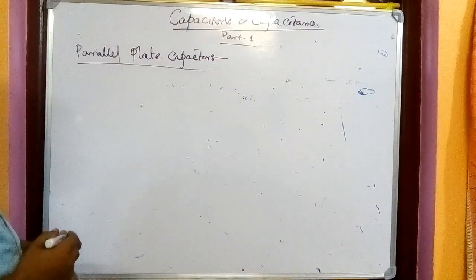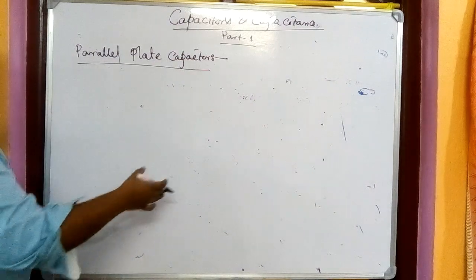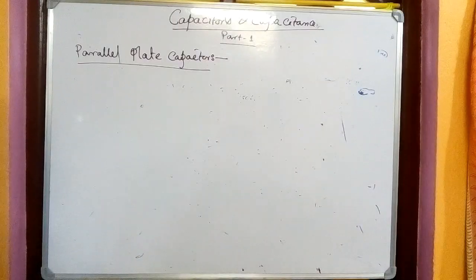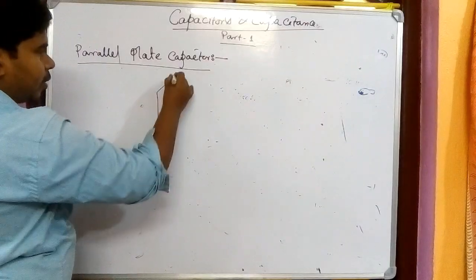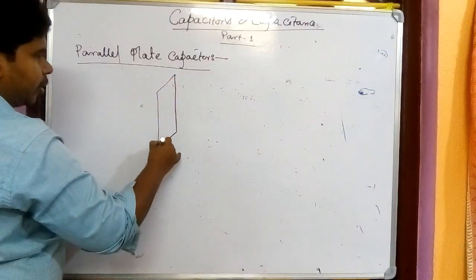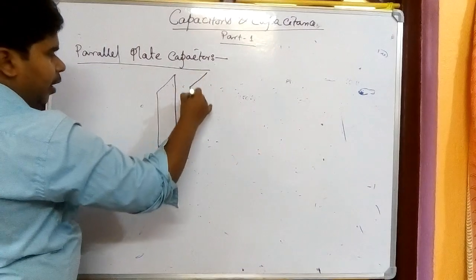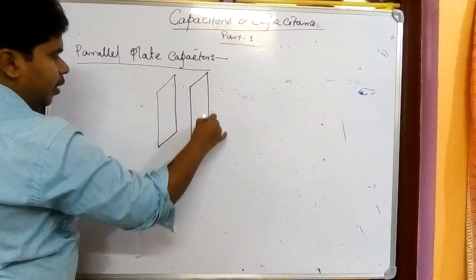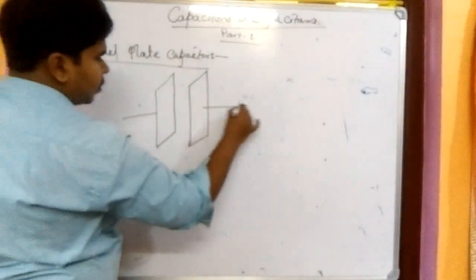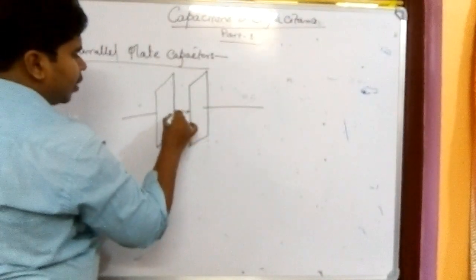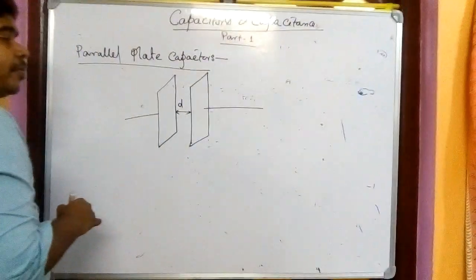What is a parallel plate capacitor? I have drawn a diagram earlier: two parallel conducting plates, definitely, kept like this at a certain distance from each other, having a gap between them, let's say the gap is d.